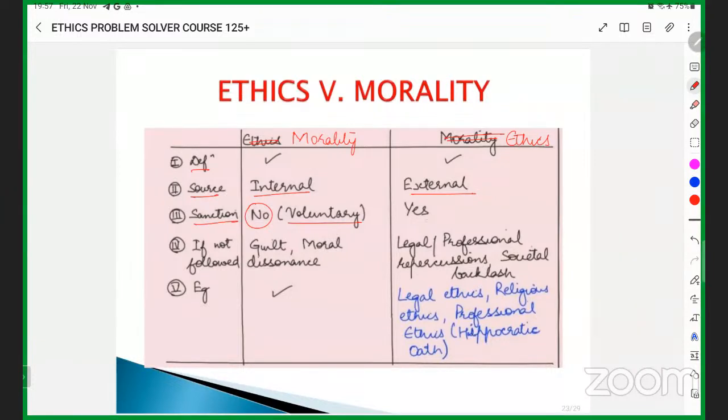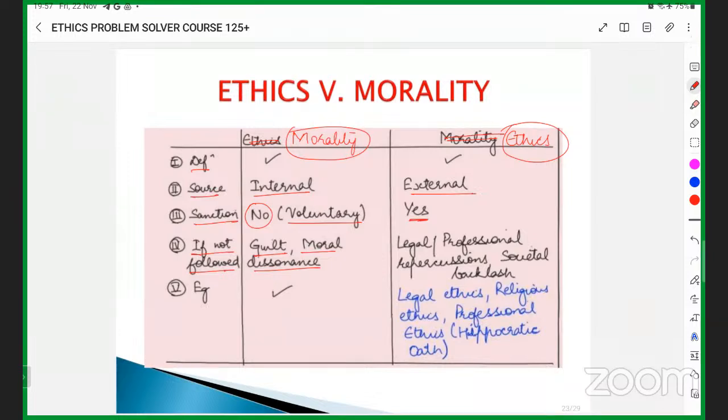And is there any sanction involved with regard to ethics? Yes. The source of sanction here could be any external agency. In case you are hired by a professional company, the source of sanction would be that company. And if you are not following the voice of morality, or if you are not following ethics, what would be the consequences? In case you are not listening to your voice of conscience, you will face guilt, you will face moral dissonance, you will be at unease with your own self.